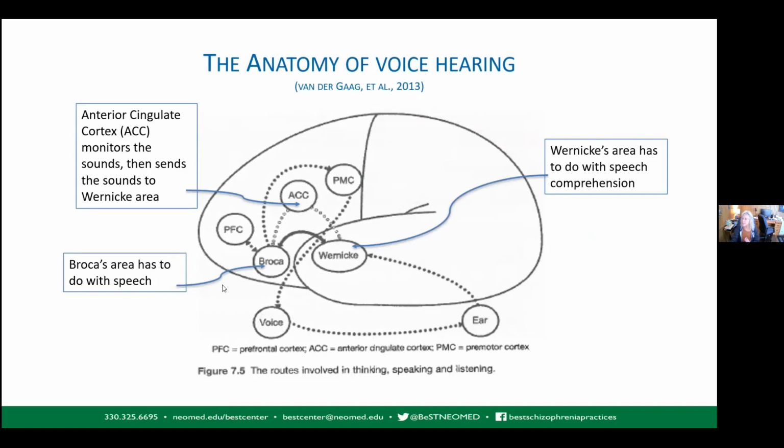So what happens is that in normal conditions, we hear something, we're forming some sentences about that. All that information is monitored by the ACC. Then it goes to this place where our brain makes some sense out of it, and then it gets to our ear. But what happens sometimes with some folks is that the ACC is cut completely out of the loop, and it goes from just speech to comprehending speech, and there's no monitoring going on.